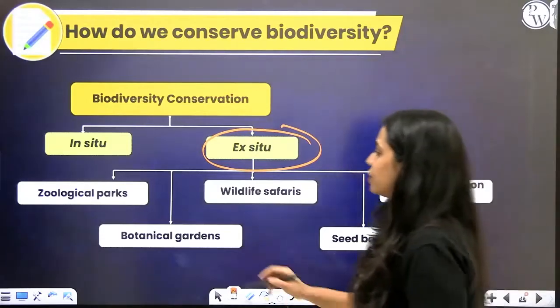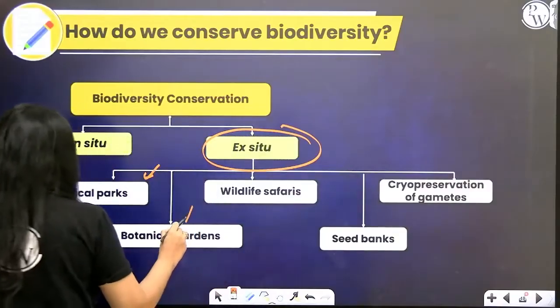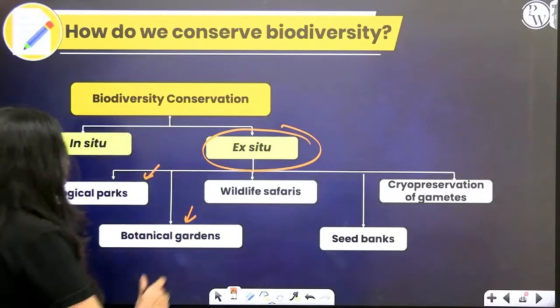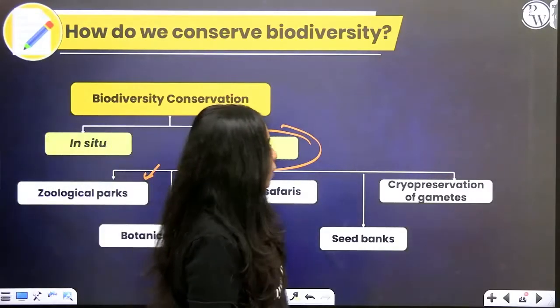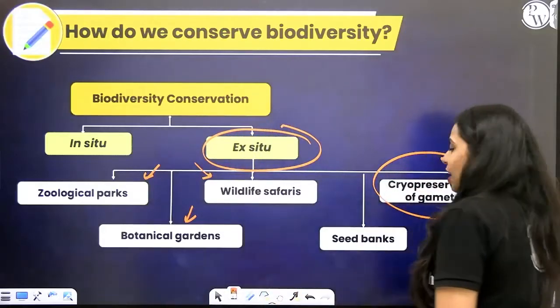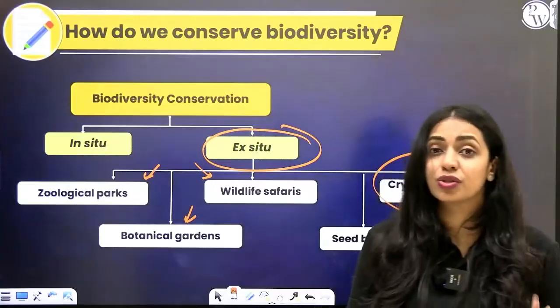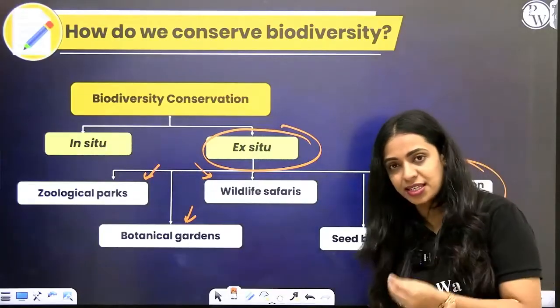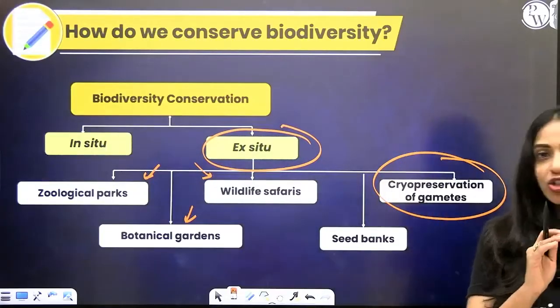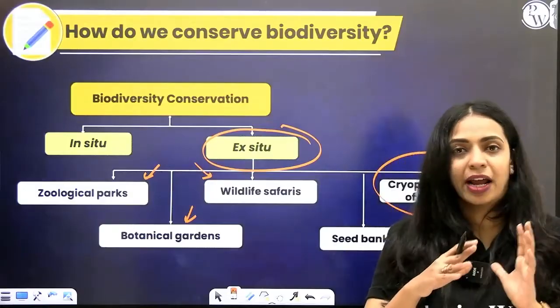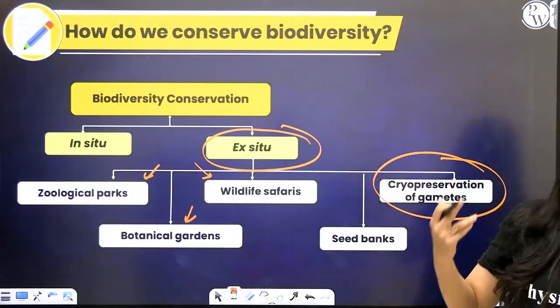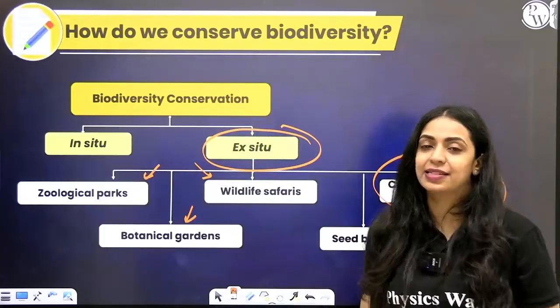You can see this in zoos, which are called zoological parks. You can see plants being conserved in botanical gardens, and wildlife safaris. And what's important is you can cryopreserve gametes. For example, if you take the gametes from an endangered species, you can store them in liquid nitrogen at minus 196 degrees Celsius. If you give that chill treatment, cryopreservation it's called, it can stay viable for an extended period of time.